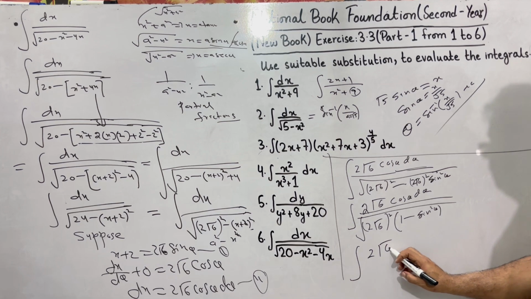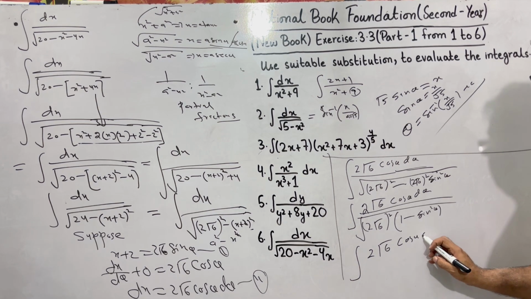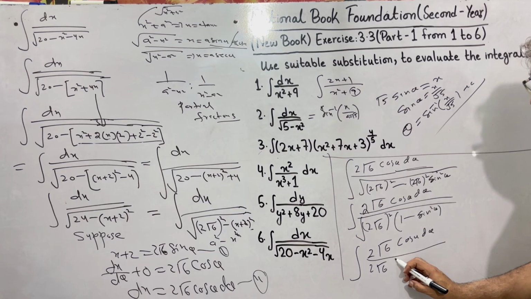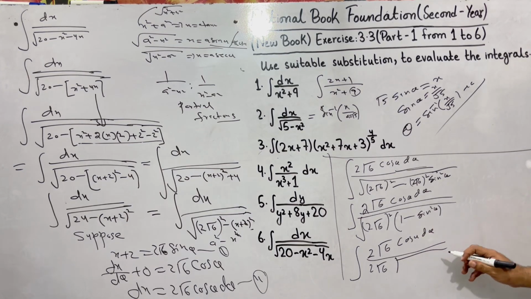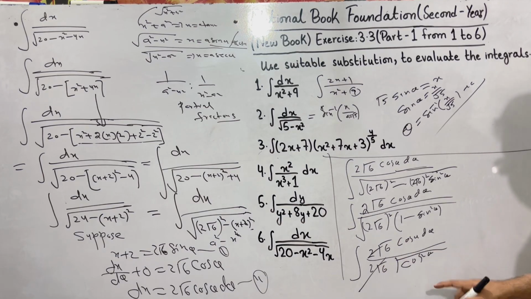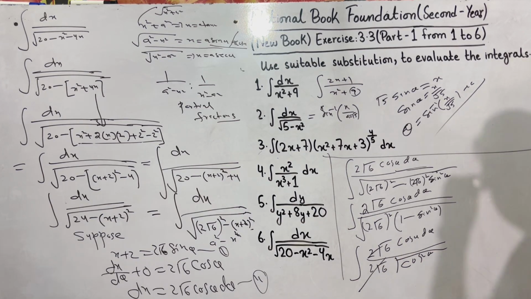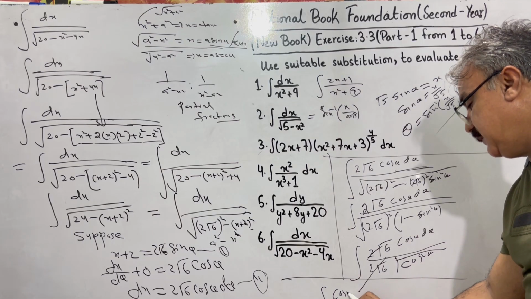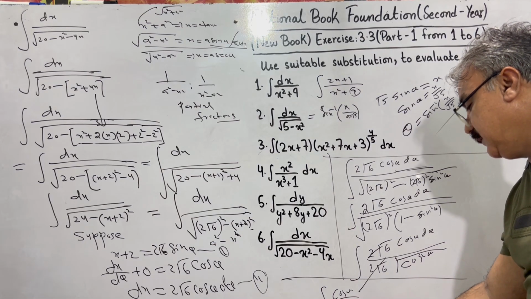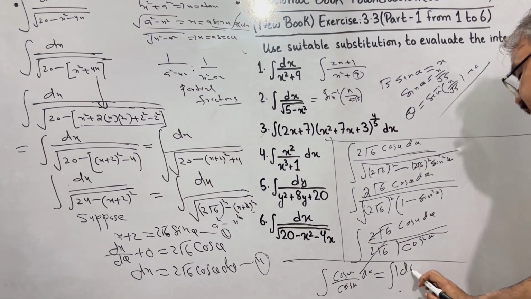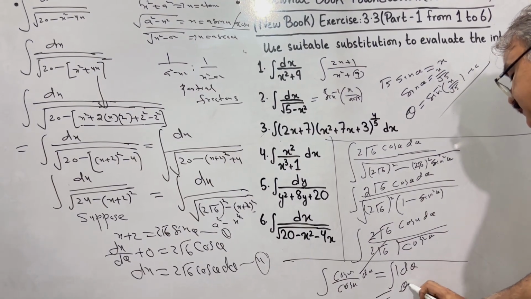So we have 2 times root 6 cos theta d theta over 2 root 6 cos theta, and cos theta over cos theta cancels. We are left with 1 d theta, and 1 d theta means only theta plus c.